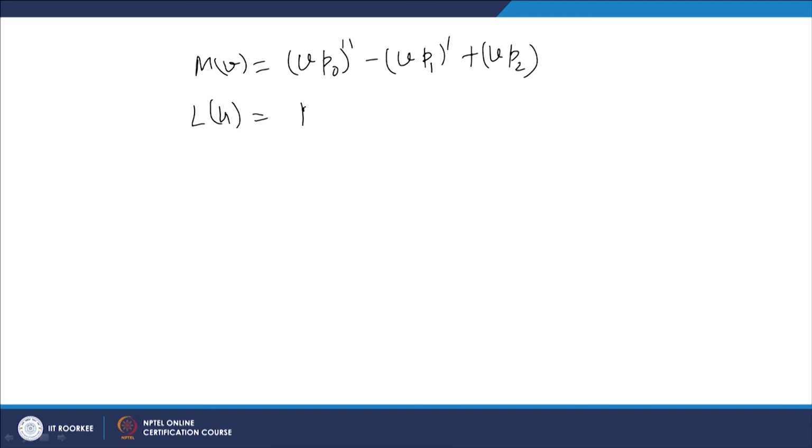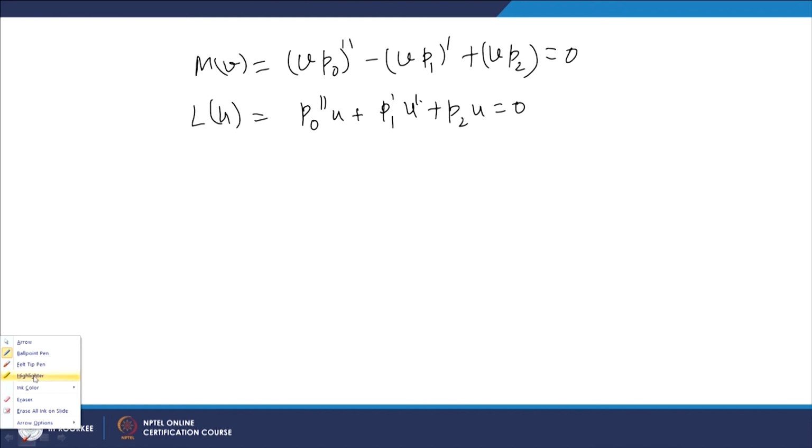So here Mv is given as v P0 double dash minus v P1 dash plus v P2. That is your Mv, and Lu is P0 u double dash plus P1 u dash plus P2 u equal to 0. Here this is not dashed, it is simply P0.